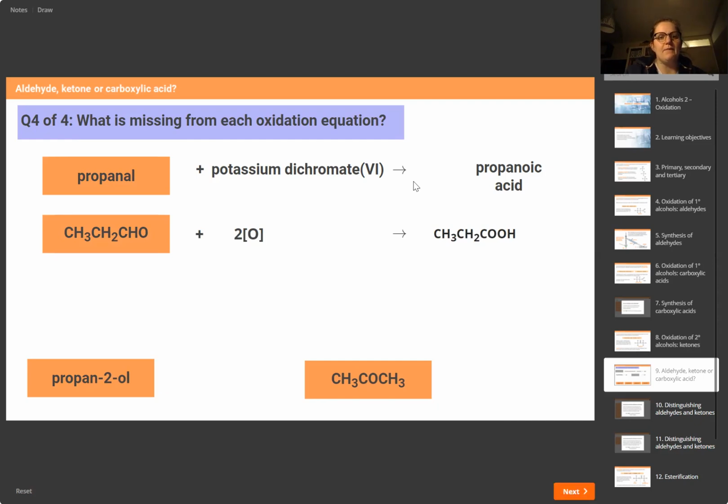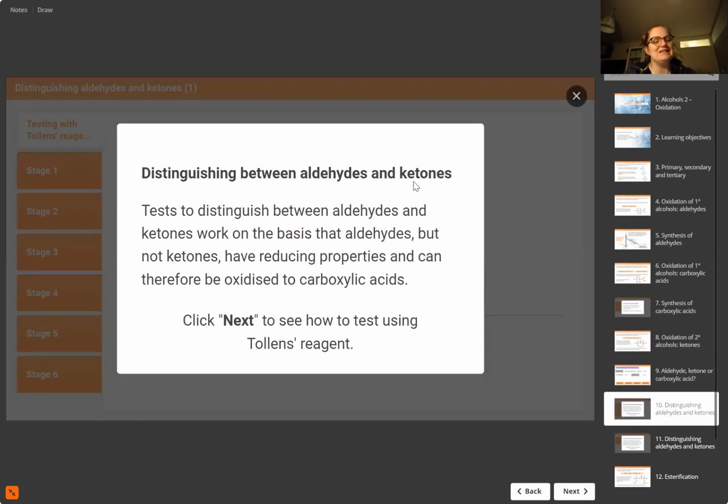Okay, so how do we distinguish between aldehydes and ketones? Very similar. They both have that carbon double bond oxygen in there. Aldehydes have it on the terminal end, ketones not terminal. So you could guess that they're going to have very similar properties.